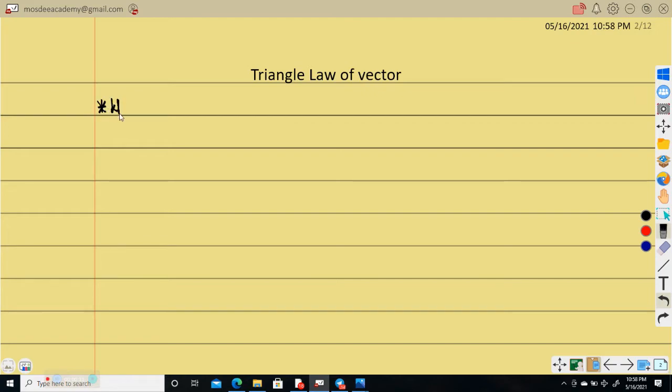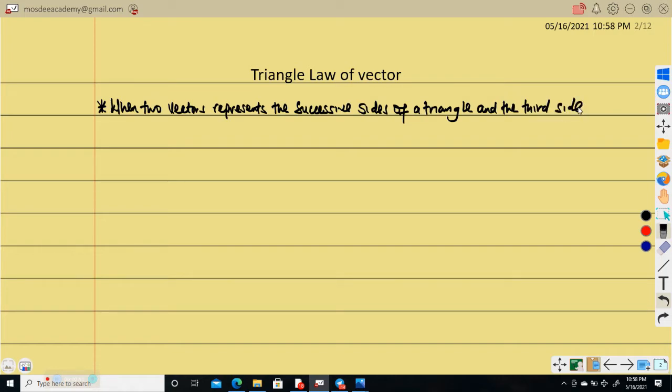when two vectors represent the successive sides of a triangle, and the third side is in opposite direction.